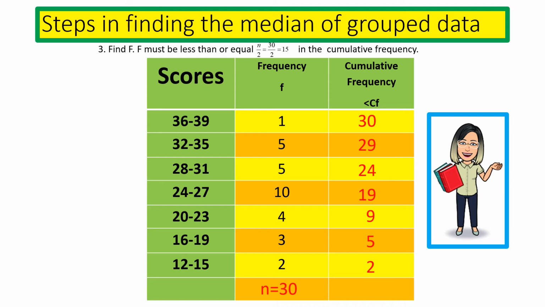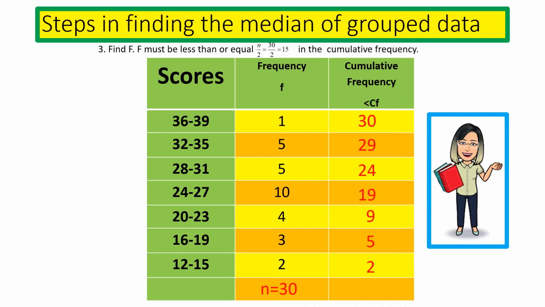We are in step 3. Find capital F. F must be less than or equal to N over 2. If N is 50, that is 50 divided by 2, which is 25. It must be less than or equal to 25. If N is 100, that is 100 divided by 2, which is 50.